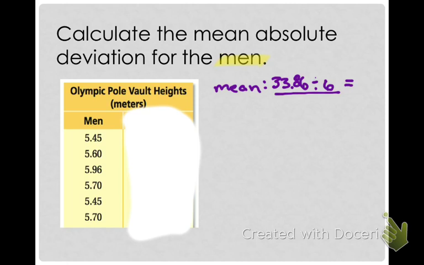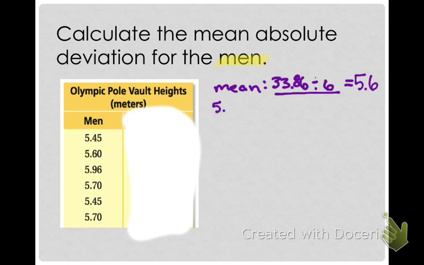All right, when I add up all of these numbers, I end up with 33.86. And then I'm going to divide by 6. And then I will get 5.64, and we're just going to go to the nearest tenth, so we're going to round it to 5.6. Now what we do is we take the numbers and we write out each one.